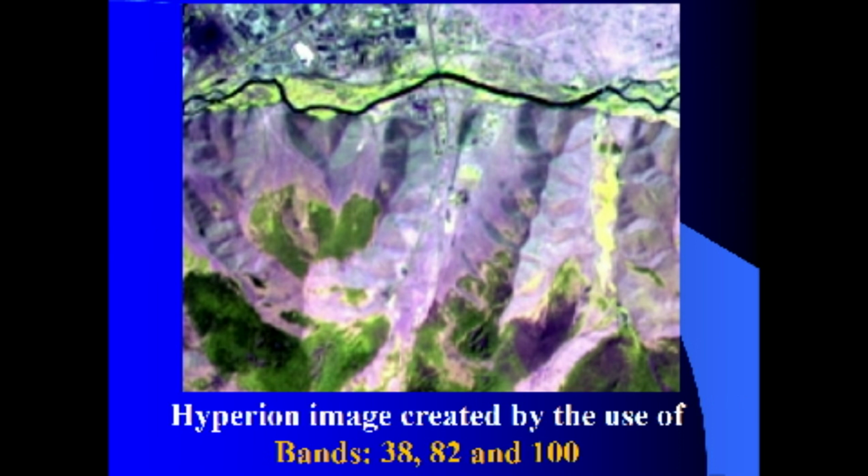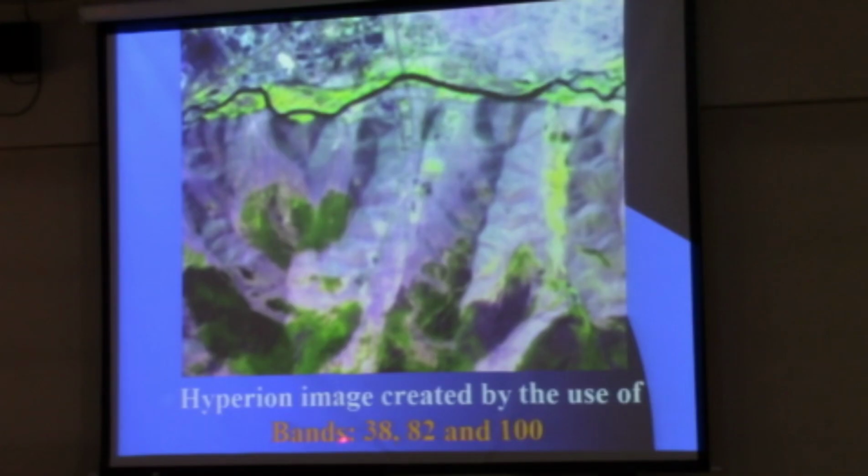And here you can see the Hyperion image created by the use of visible, near-infrared, and middle-infrared bands. This is the southern part of Ulaanbaatar city, where we have, usually in Mongolia we call it Ulturing Oryon, or just industrial area.